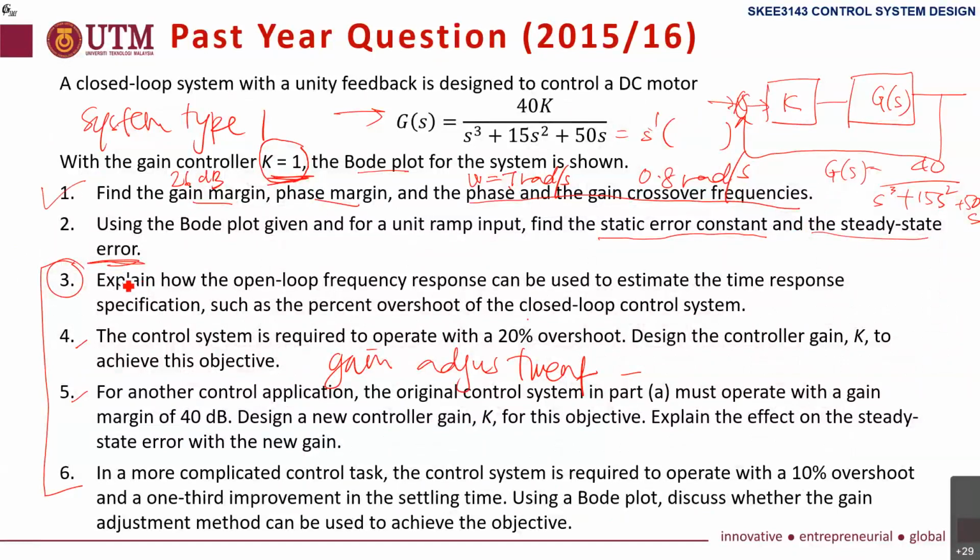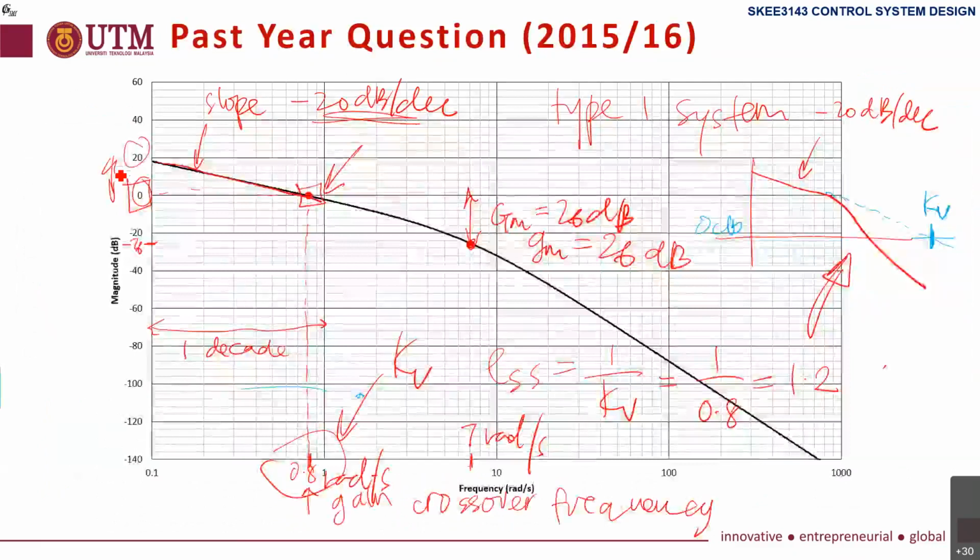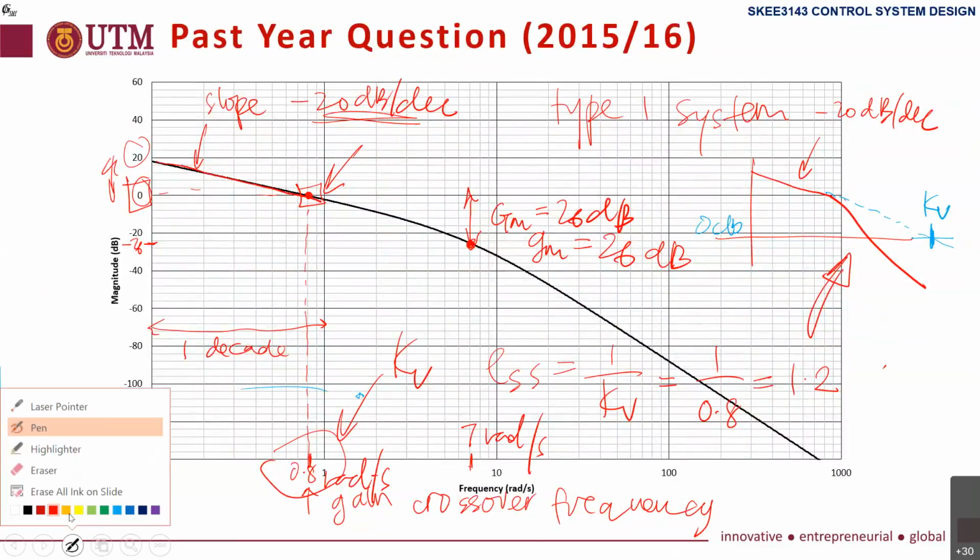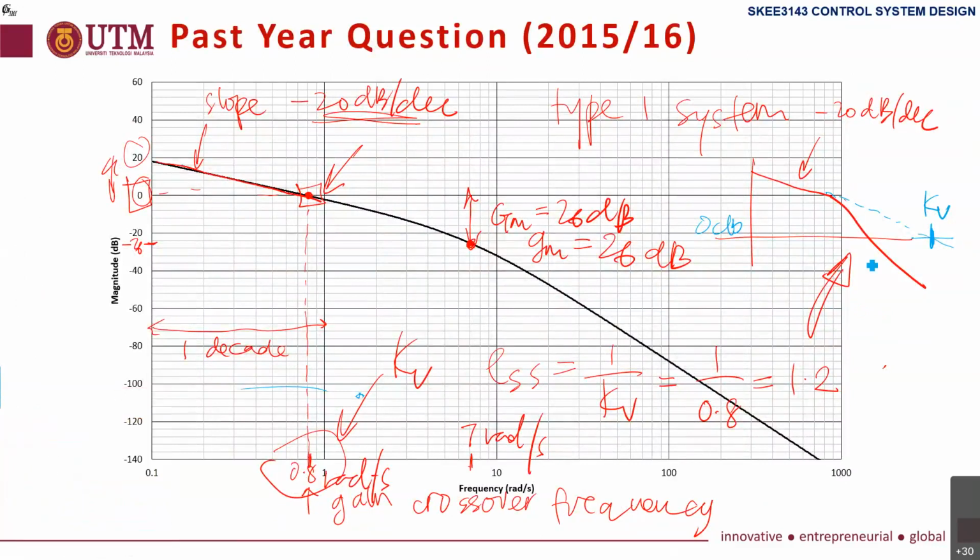Then number 2 is regarding steady state error. Remember how steady state error is obtained. I showed before, the one I circled in blue here.